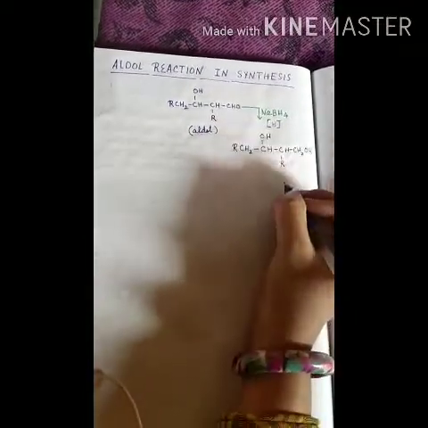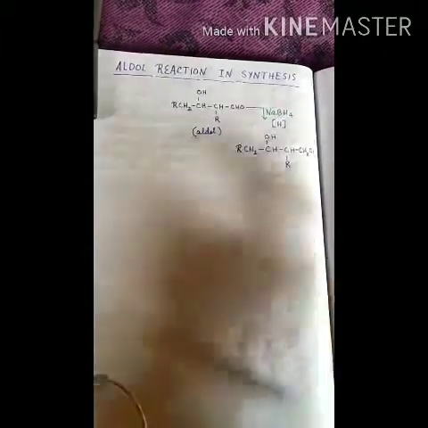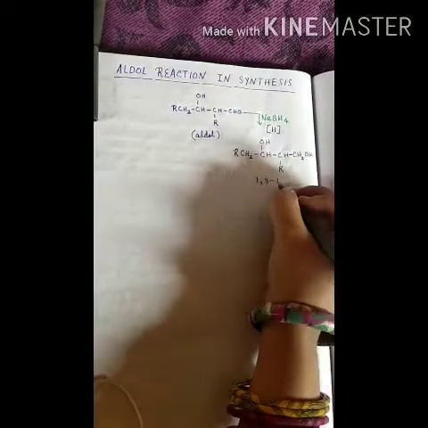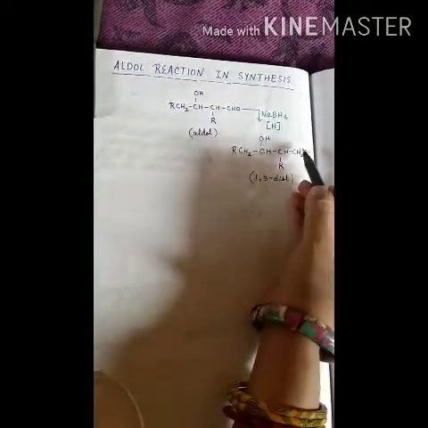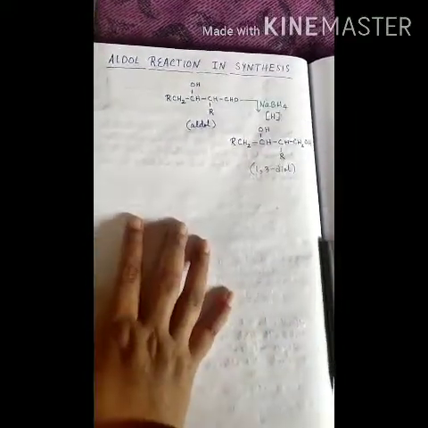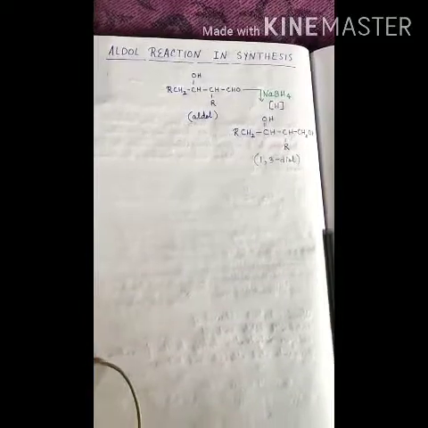So in this case, what we get, this product is known as 1,3 diol, general name, because we can see that at the 1 and the 3 position two OH groups are attached, so it's a 1,3 diol.